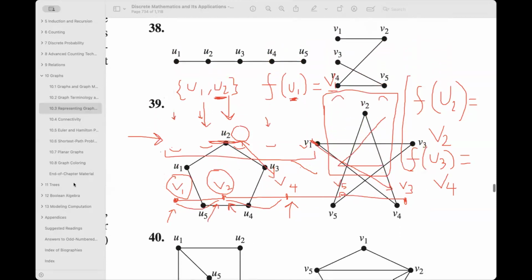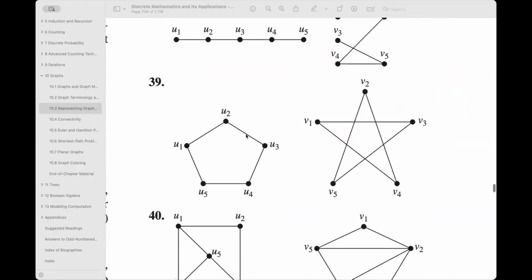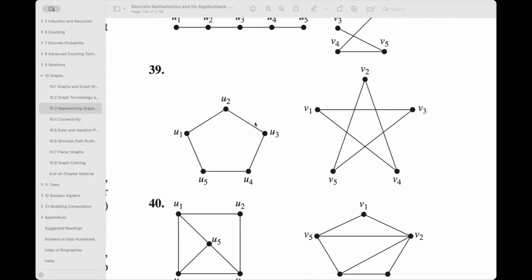For instance, I'm going to clear this. These two graphs are actually isomorphic as well. It's just hard to tell that they are. So if I move V2 down here, this will give me something that looks like this, I think. V2, V5, V4.